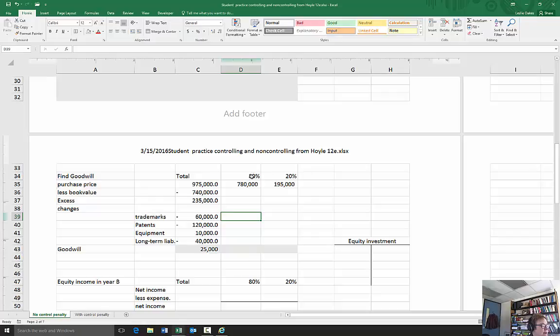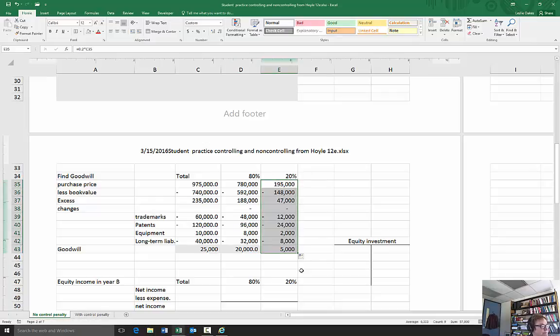If we multiply everything times 80%, that leaves us with 20,000, 80%, and then the 20% is remaining for the non-controlling interest. Works out perfectly.